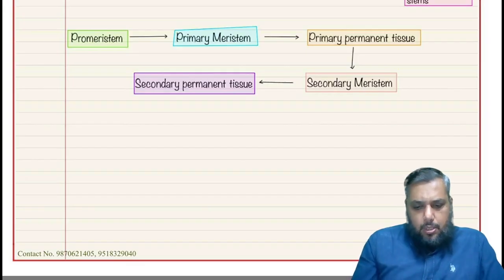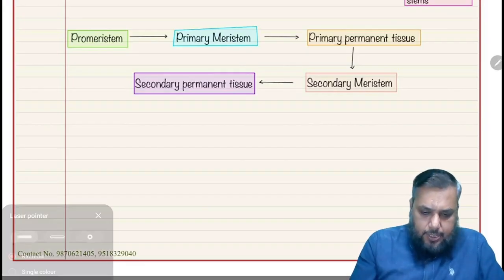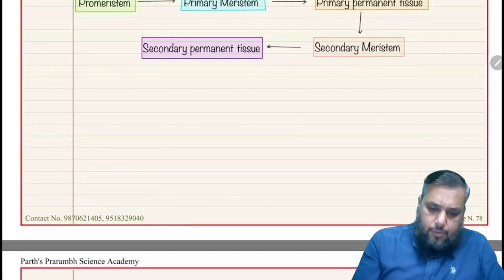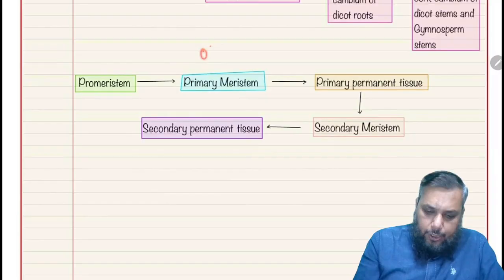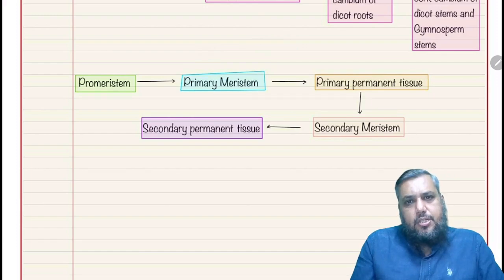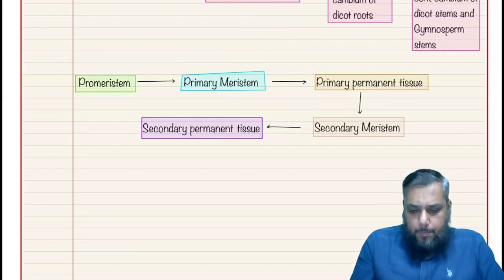The meristematic cells undergo cell division. They have the ability to divide. And these meristems eventually will take up a specific function and become the primary permanent tissues.